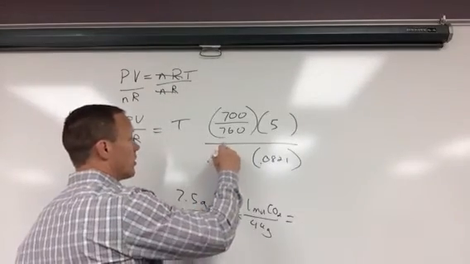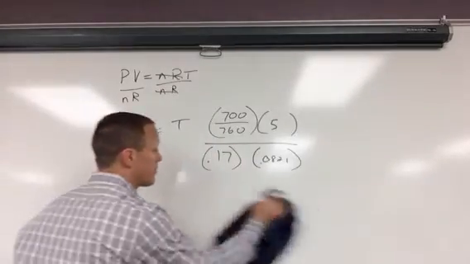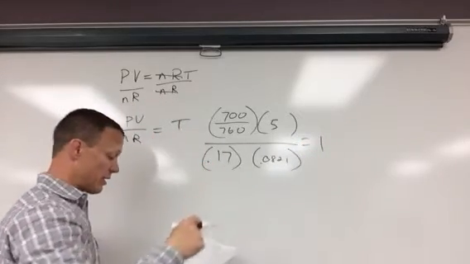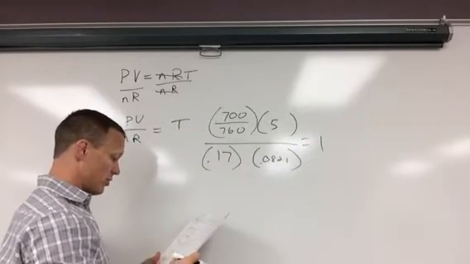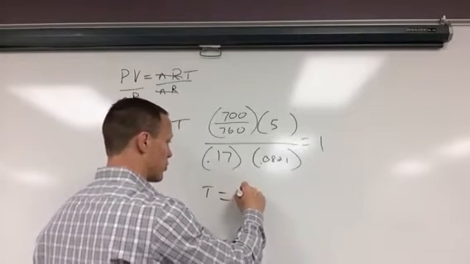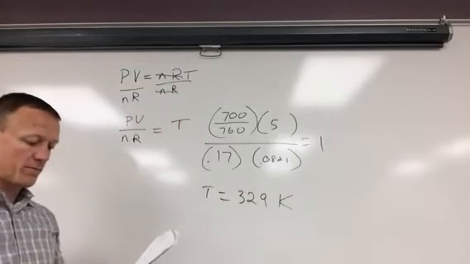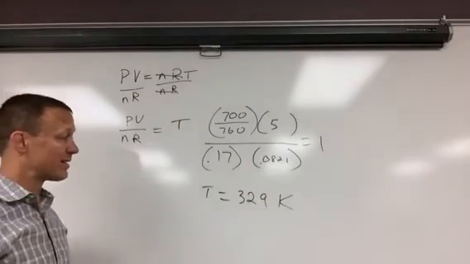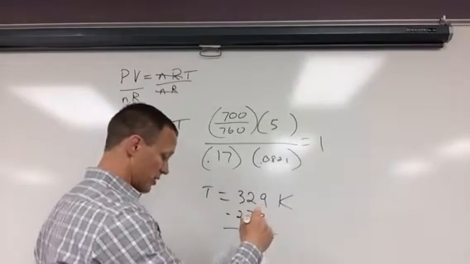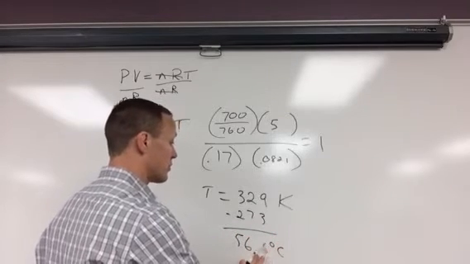So 0.17 moles of CO2 will go in there. All that is equal to T. Now we can just plug numbers in and get an answer. Our temperature, remember, will be in Kelvin, so it is about 329 Kelvin. If we want to get that into Celsius, we subtract 273, and our Celsius would be 56.2 degrees Celsius, or 56 degrees Celsius, somewhere in there.